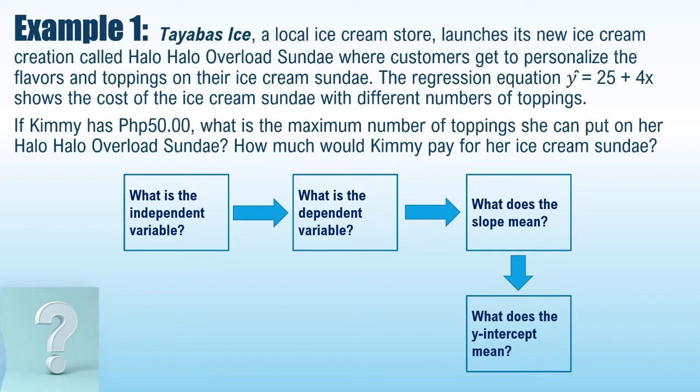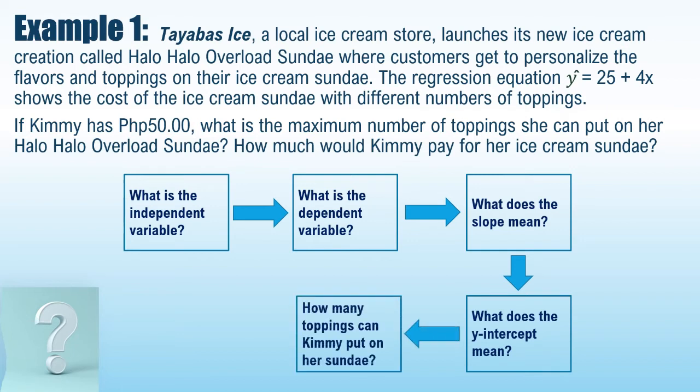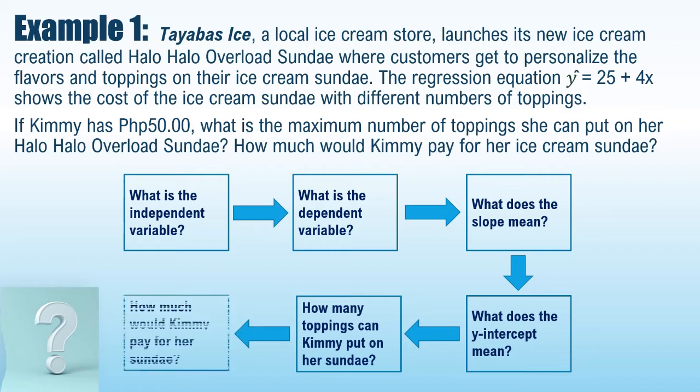What does the y-intercept mean? And then we will proceed to the first question in the situation: what is the maximum number of toppings she can put on her Halo Halo sundae? And finally, for the last question, how much would Kimi pay for her sundae?